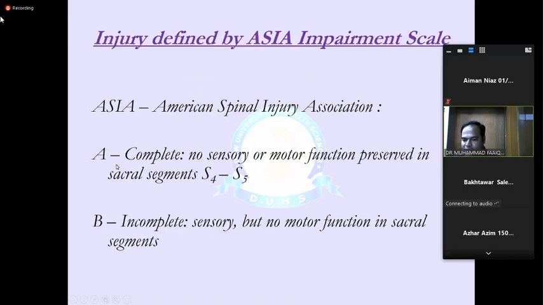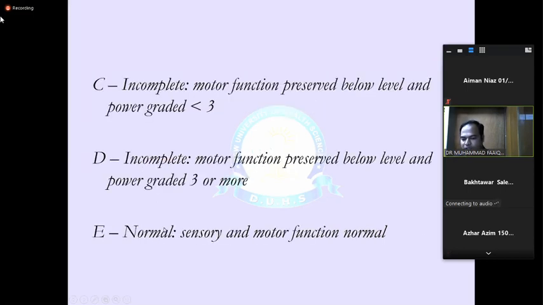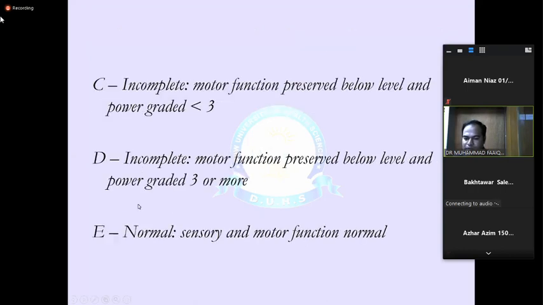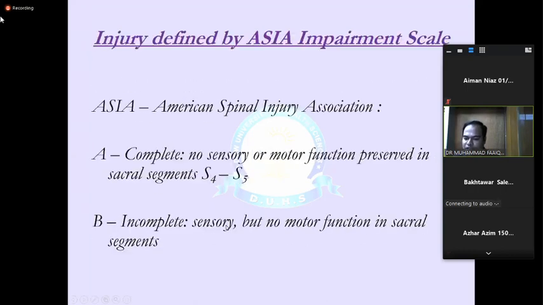In between A and E, that is B, C, and D, these are the incomplete spinal cord injuries. A is complete cord injury, no sensory function, no motor function. E is completely normal. B is incomplete, C is incomplete, D is incomplete. What is B? Sensory functions are intact, but motor functions are not.